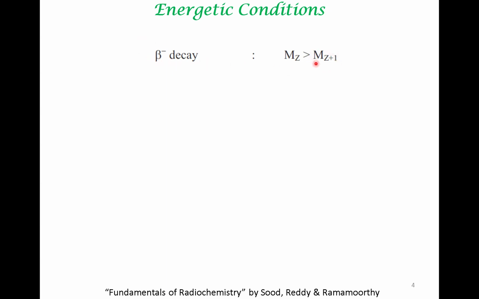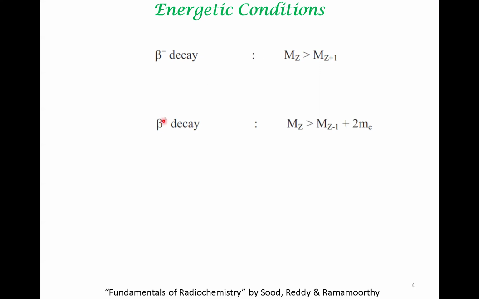Therefore, the atomic number of the product is one more than that of the parent, the reactant. Therefore, mass, which is indicative of the energy of the product, is less than the energy of the reactant. That is the energy constraint for the beta minus decay to be spontaneous.